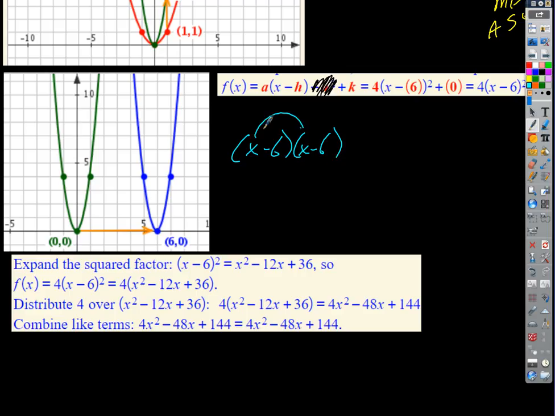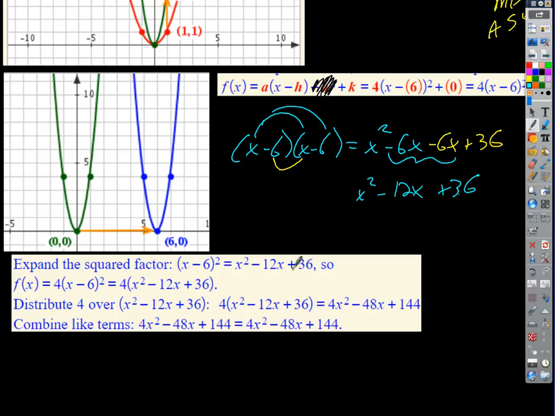If I distribute the x, x times x is x squared, x times negative 6 is negative 6x. Now distributing the negative 6: negative 6 times x, and negative 6 times negative 6 is plus 36. Adding up the like terms, I get x squared minus 12x plus 36.